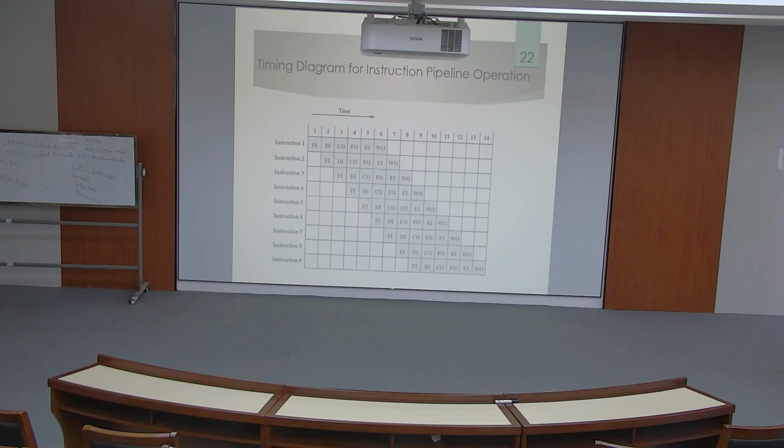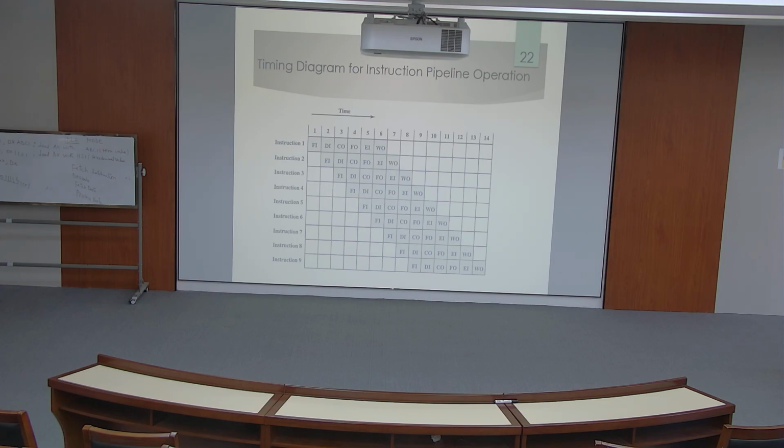During this time number 6, our instruction number 2 will be in the execution stage, and instruction number 3 will be in the next stage, which is fetch operand. Instruction number 4 will be in the next stage, which will be calculate operand. Our instruction number 5 will be in instruction decoding. Then instruction number 6 we start FI here.